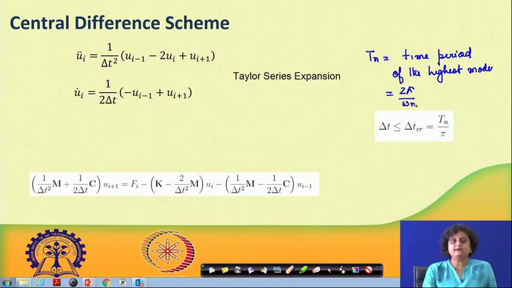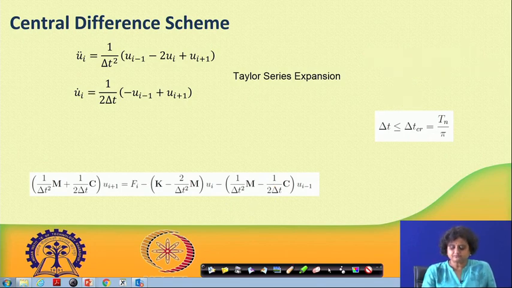So I have to find the highest natural frequency, and the time period because of it divided by pi is my delta t critical. My del t should be less than del t critical in order to obtain a stable solution. Otherwise, the solution of this scheme is going to become unstable.